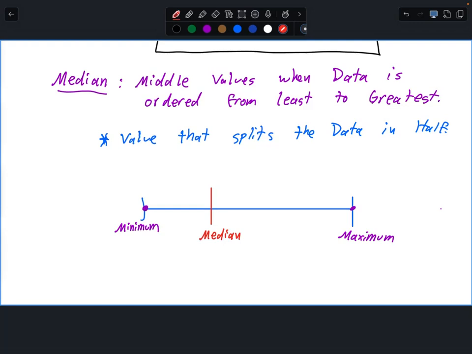So the median will have a lower 50%, so 50% of the data is below the median, and 50% of the values are above. It might be directly in the center. Somebody actually mentioned that. When is the median perfectly in the center of the data?